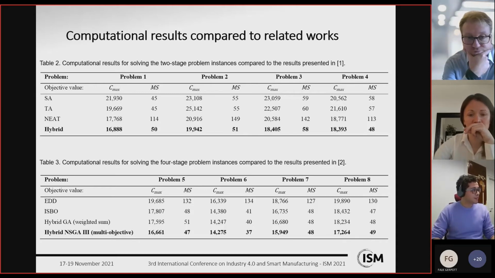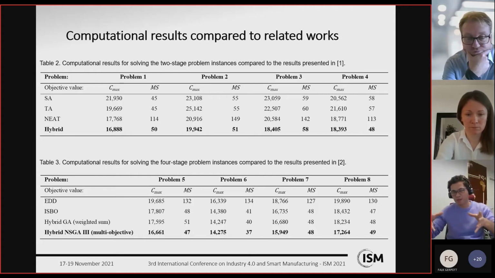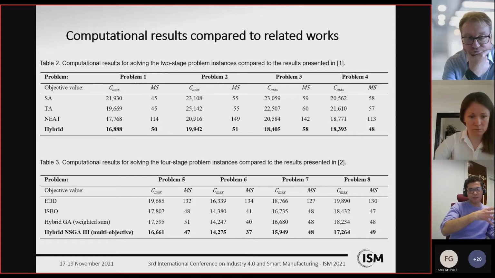The computational results of the experiments are to minimize the maximum completion times and the major setup times, which are designed to increase machine utilization, and to minimize the total tardiness and penalties for customer satisfaction.